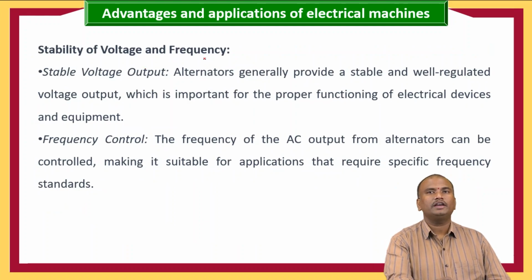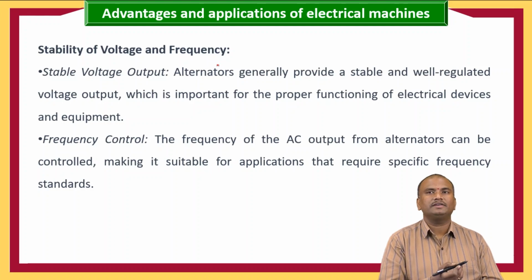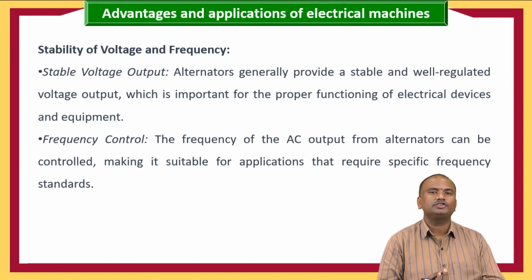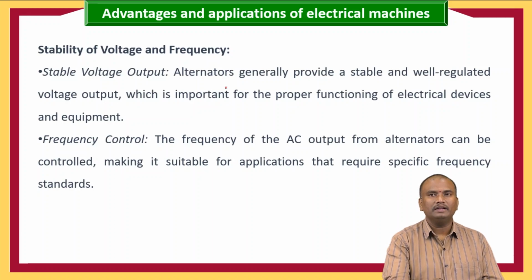Stability of voltage and frequency. Here in the generators, the major advantage is that it provides a stable voltage output, because it takes a constant speed, that is synchronous speed, as the input, so it will provide us a constant voltage along with the frequency.